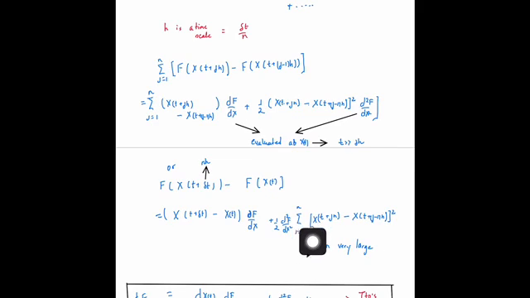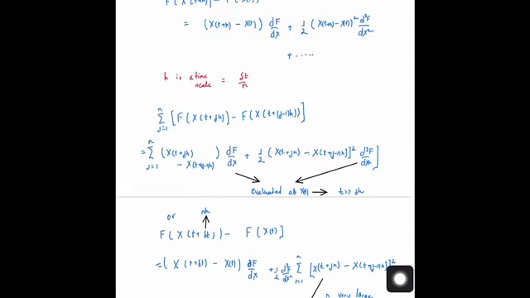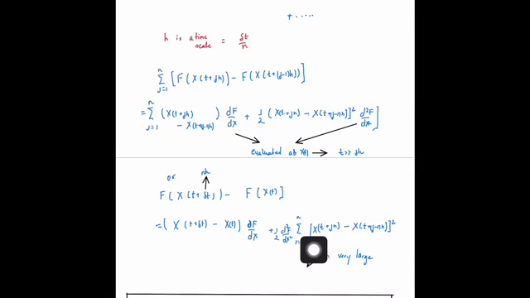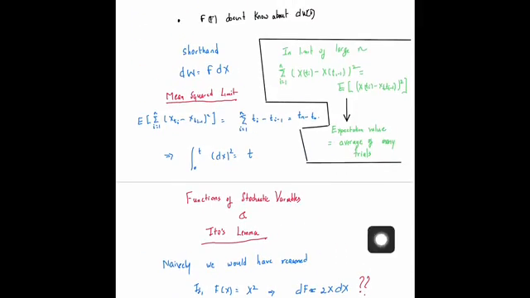Now I use the statement that I had made above, that the sum of these squares is like taking an expected value of this difference. The sum of these squared is equal to the expected value of this squared, which is equal to the time interval under consideration.